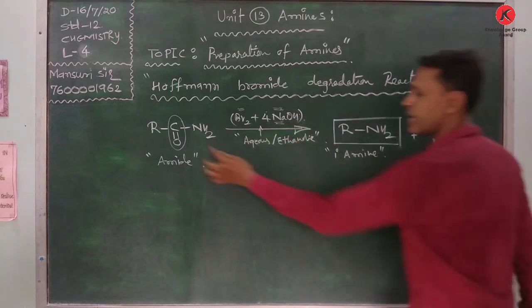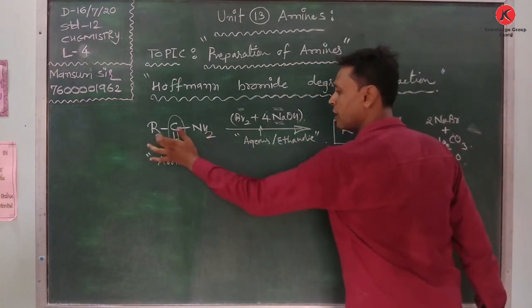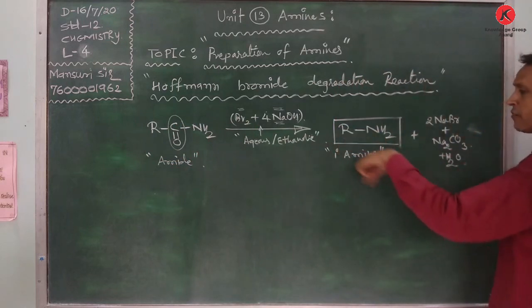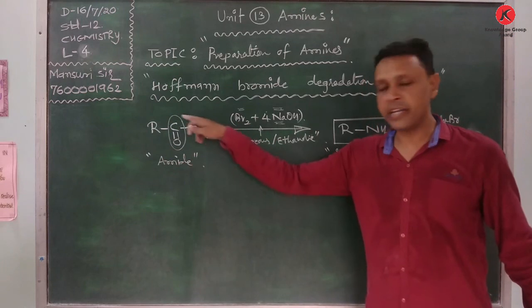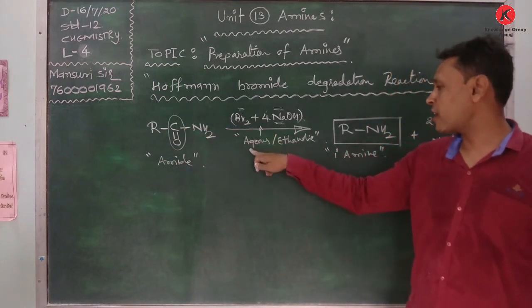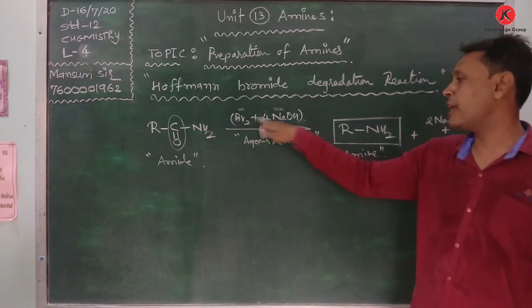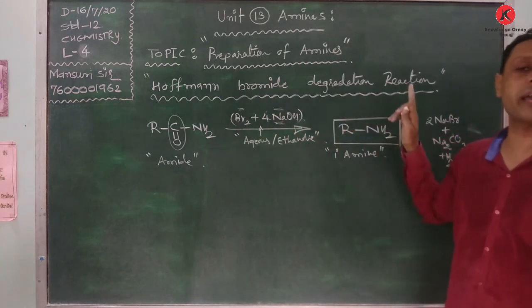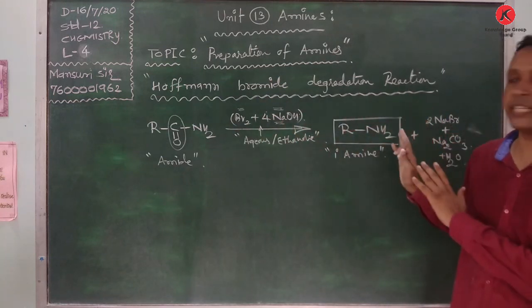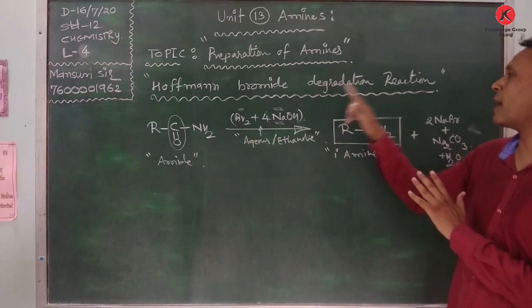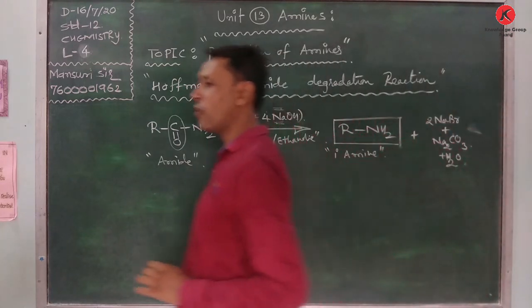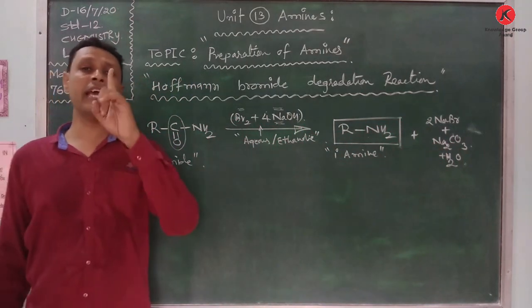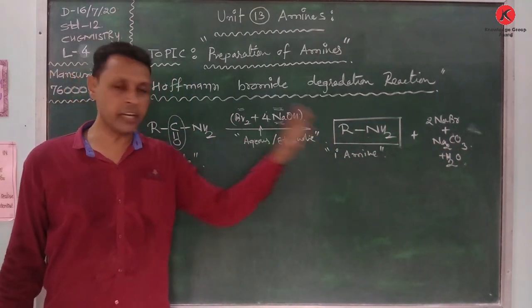The remaining part is RNH2, so they form primary amine. This reaction is known as the Hofmann bromamide degradation reaction. This reaction is used for getting one less carbon in the yield. Okay.